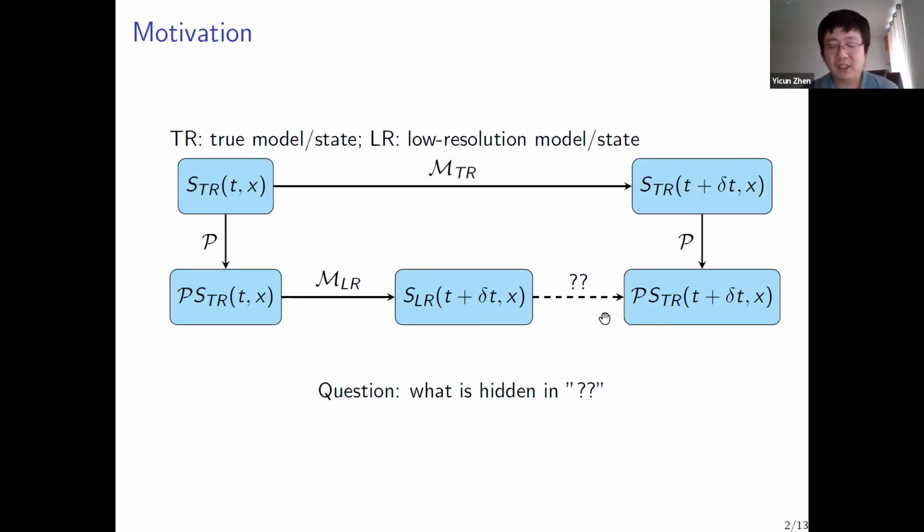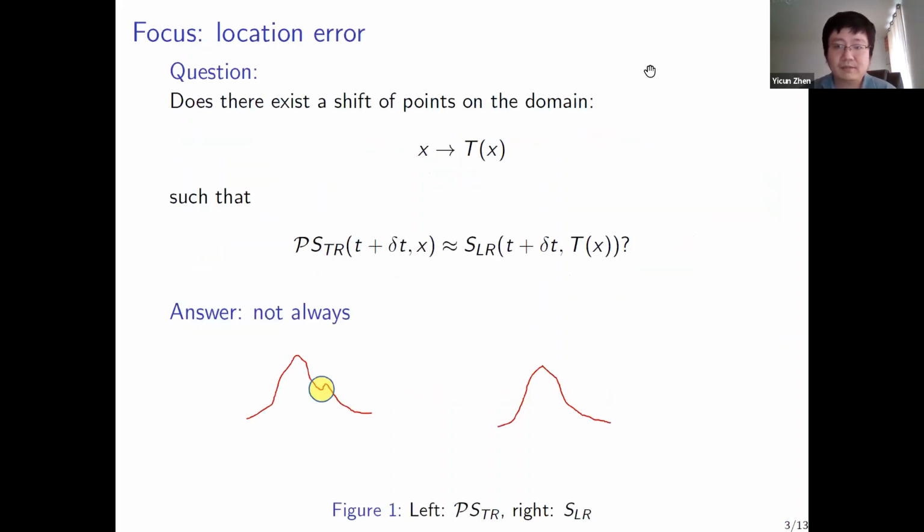This is a very general question. Basically, this is a question about model error. There are many classical ways of handling this, like covariance inflation, additive noise, multiplicative noise, or energy backscattering, or something else that I don't know. Today our focus is on the location error.